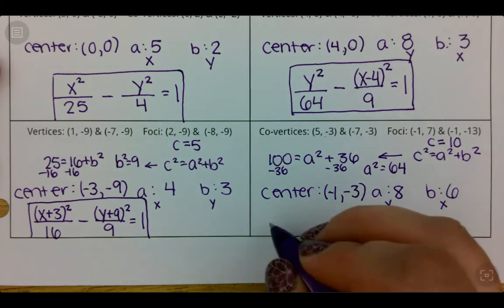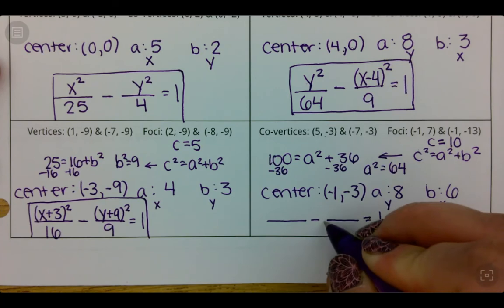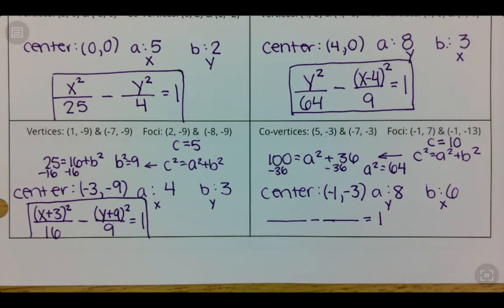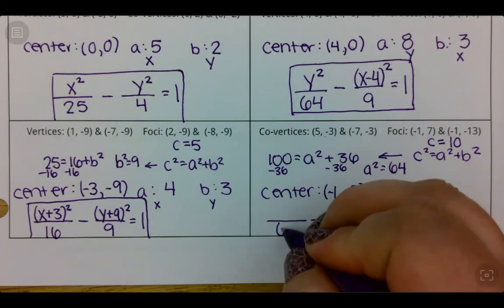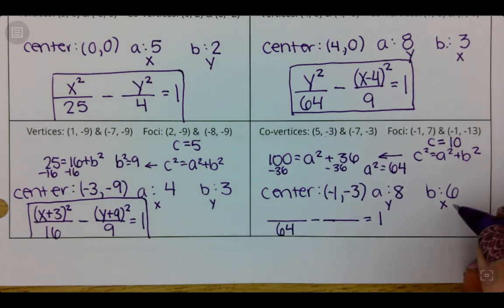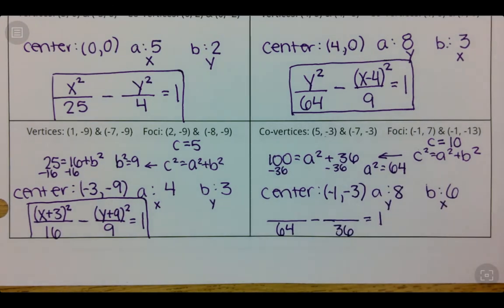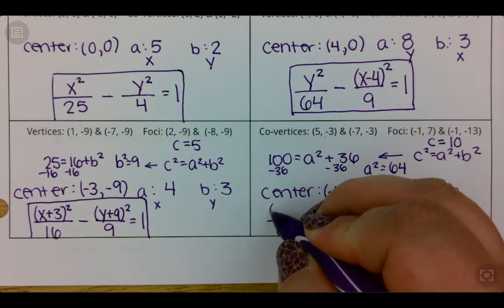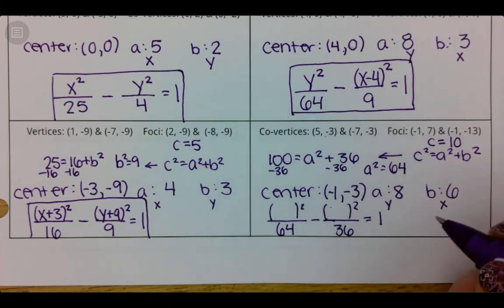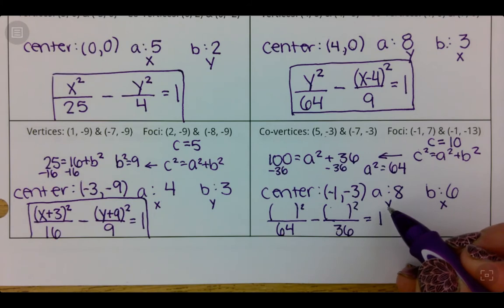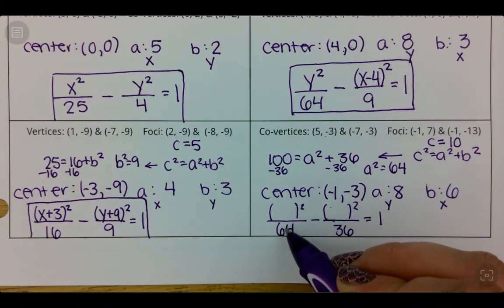So when I go to write my equation, here's my setup. Fraction minus fraction equals 1. A squared goes on the bottom of the first one, that was the 64. B squared goes on the bottom of the second one, that would be 36. And on the top, since y is with the A, it goes on top of the 64.